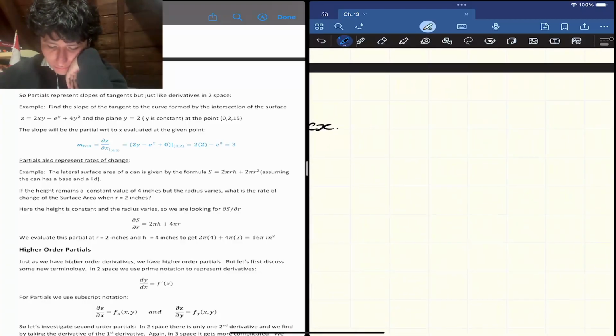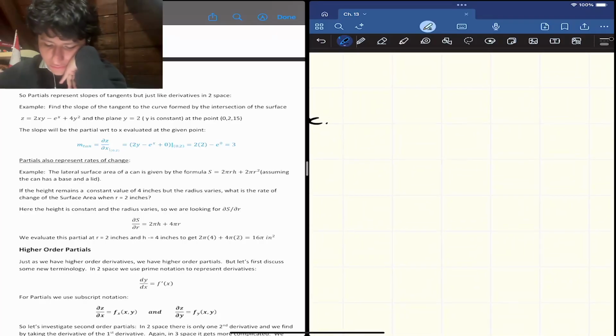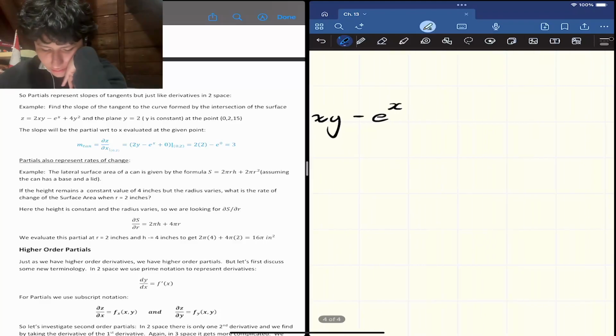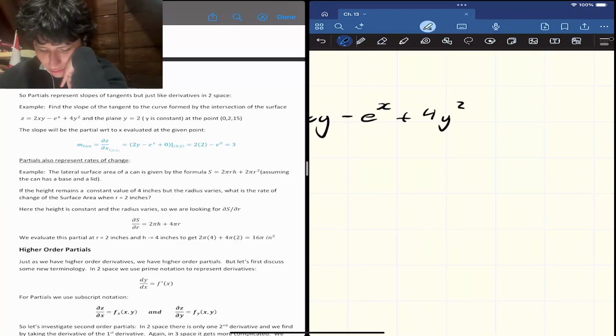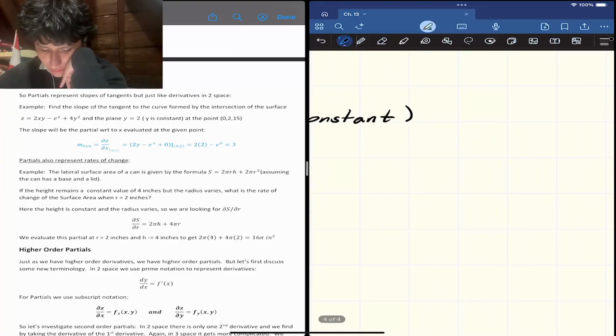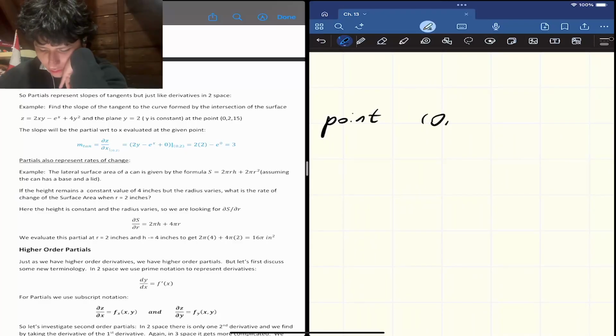In this case, it's saying to find the slope of the tangent to the curve formed by the intersection of the surface. For example, it's giving us z equals 2xy minus e to the x plus 4y squared, and the plane y equals 2, where y is constant, at the point 0, 2, 15.